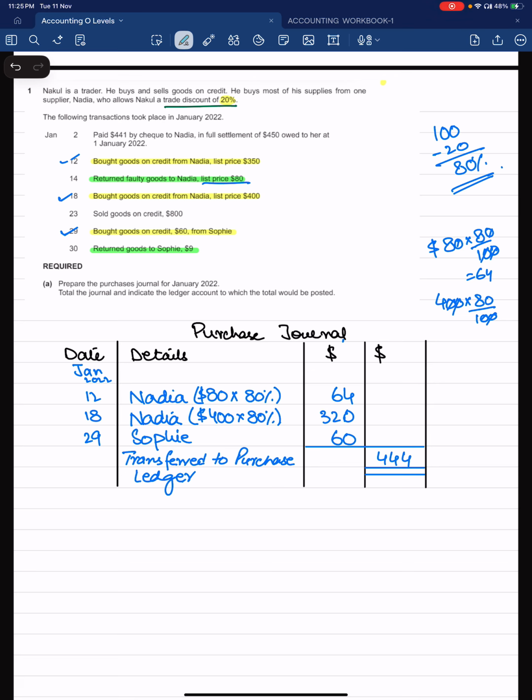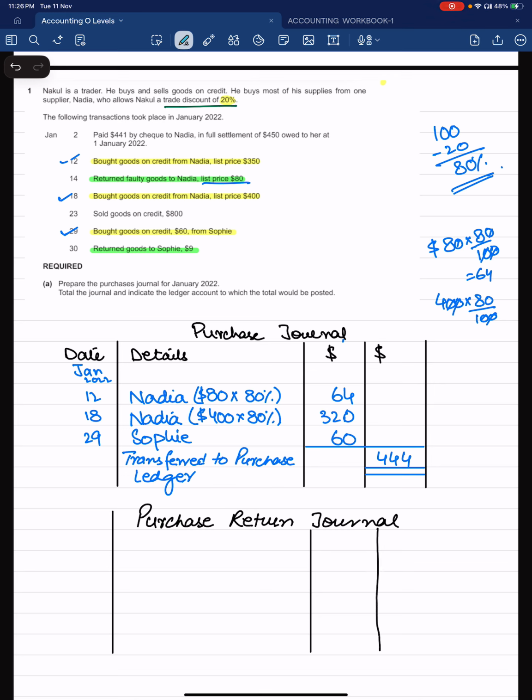Now, I am preparing another account which is of purchase return journal. In the purchase return journal, again, it is also a listing. We need three columns.